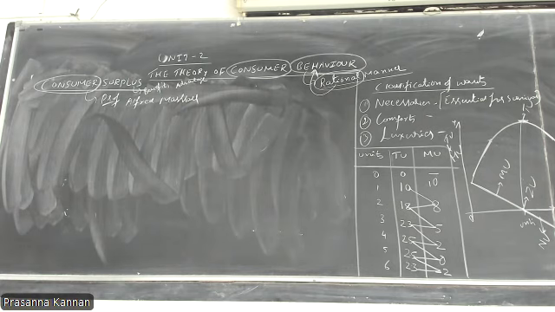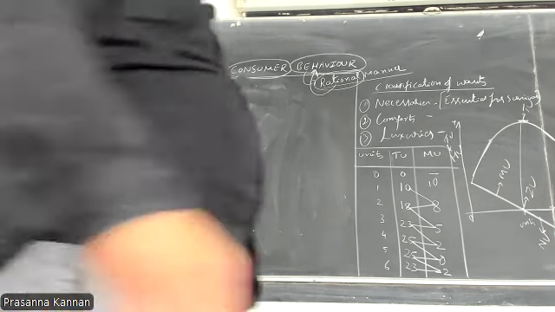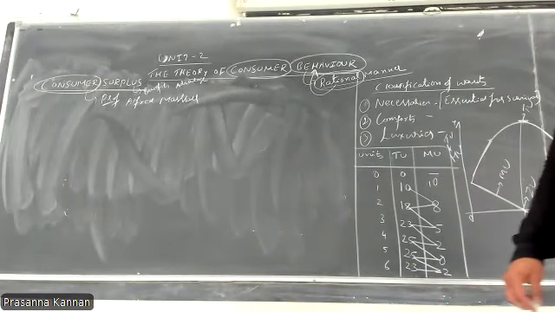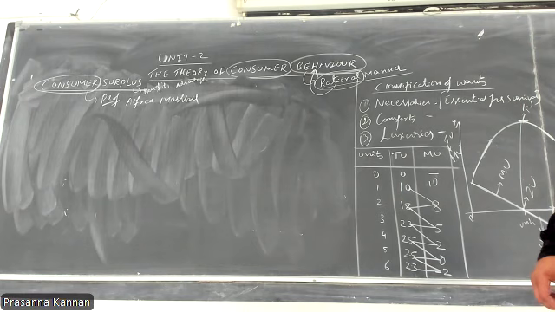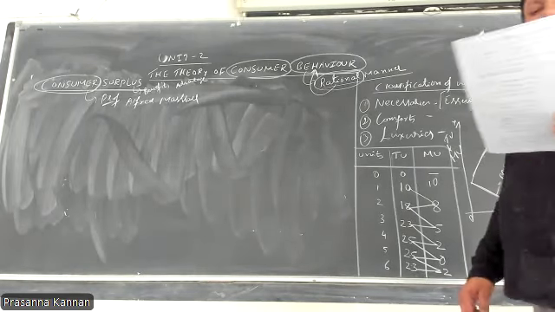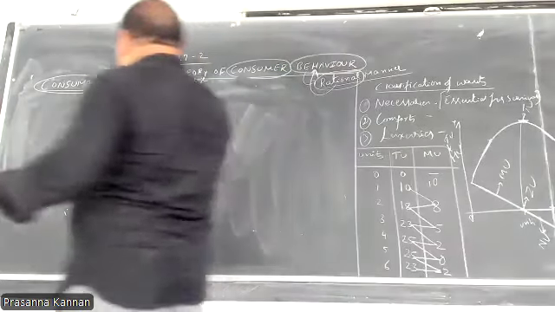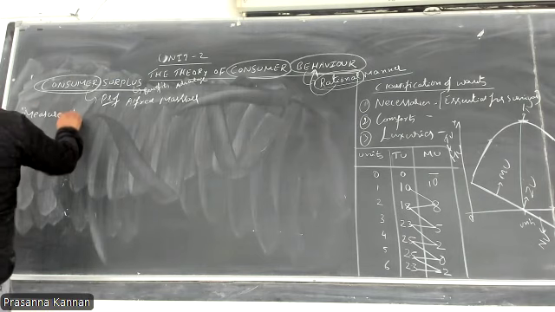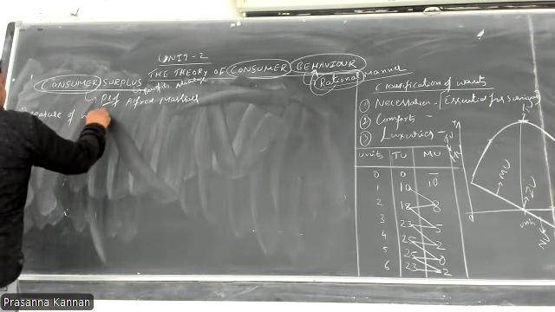So according to him, consumer surplus is what? Please write down. According to Marshall, consumer surplus is a measure of welfare. Begin with double comma here. Measure of welfare.